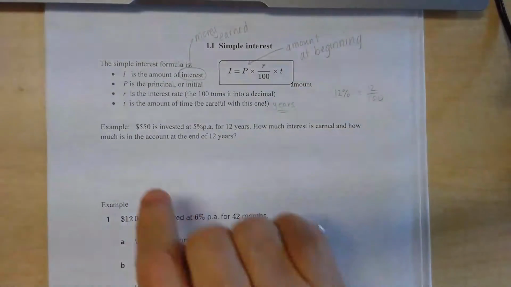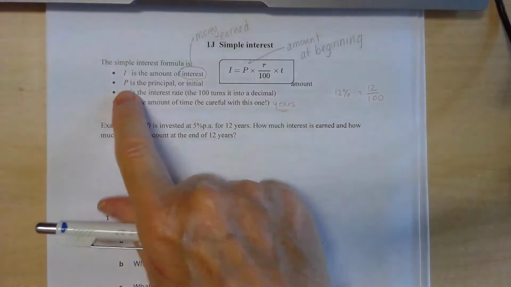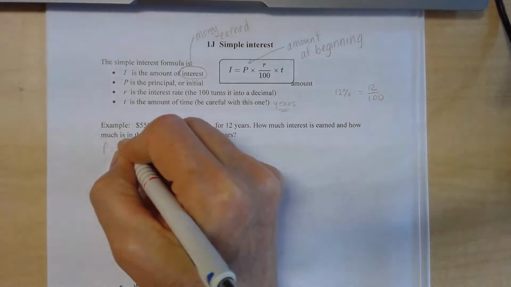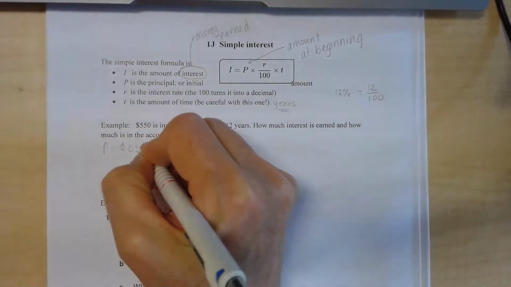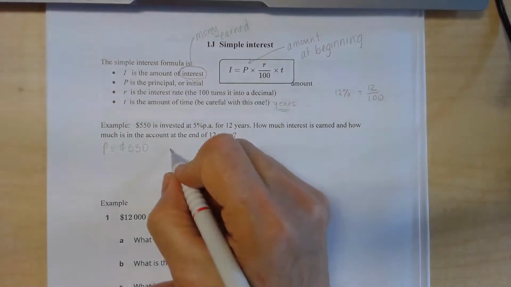Okay, so the first example says $550 is invested. That's going to be my P. The amount that's invested, the initial amount, at 5% per PA.